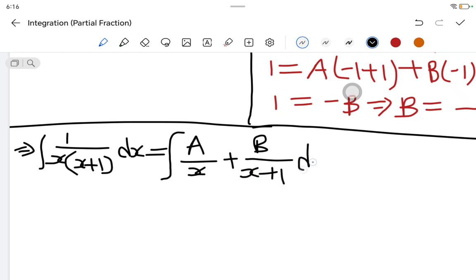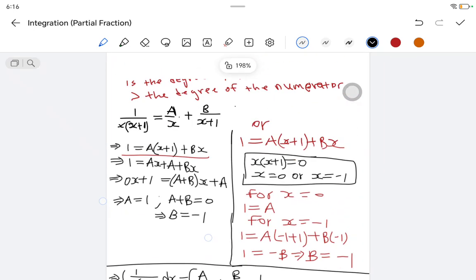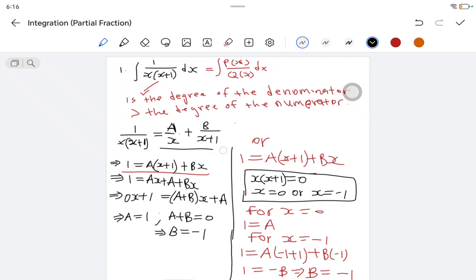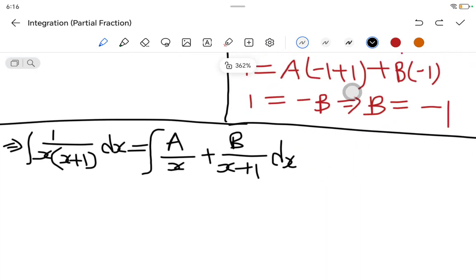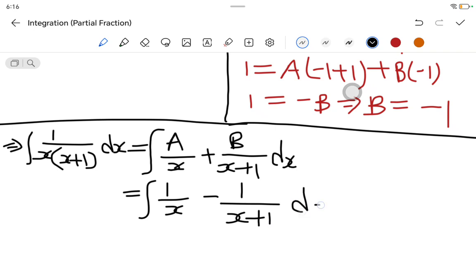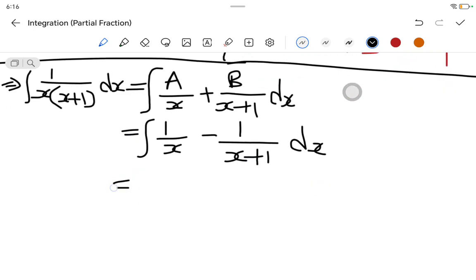So you should keep this, and if it was like this, you keep it like that. Remember your decomposition was like that. And we know that our a is 1, and we know that our b is minus 1. So I'm just going to say minus 1 over x plus 1 dx. And then I separated them. In other words, I'm distributing the dx and the integral sign.